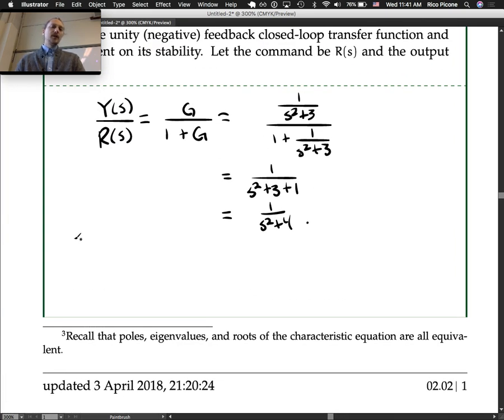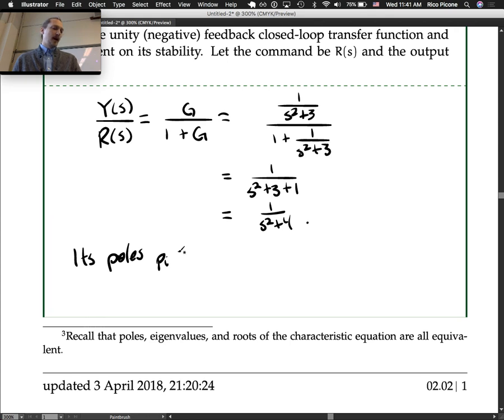So the poles, how many of them are there? 2 poles, right? Second order.